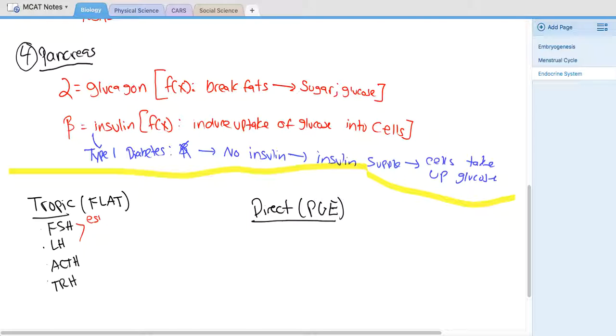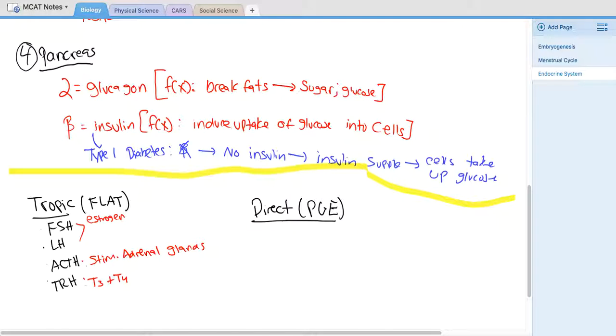FSH will be estrogen. ACTH, it's going to stimulate adrenal glands. And TRH is thyroid hormones, so you've got your T3 and your T4. The 3 and 4 are really just how many iodines are attached. So that's triiodo, and this is tetraiodo.